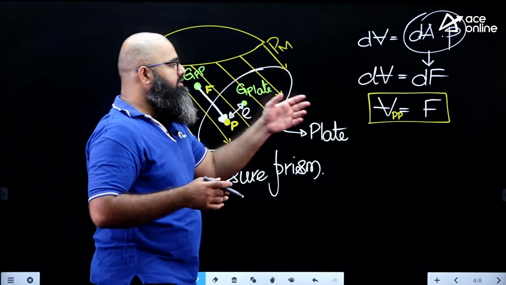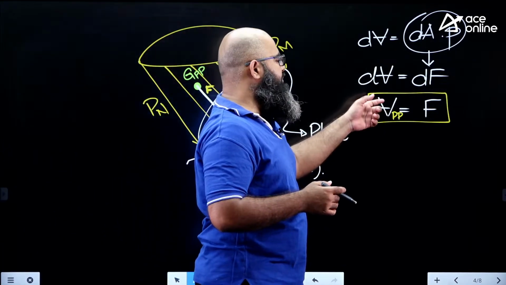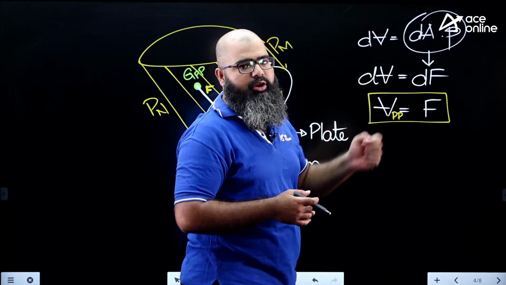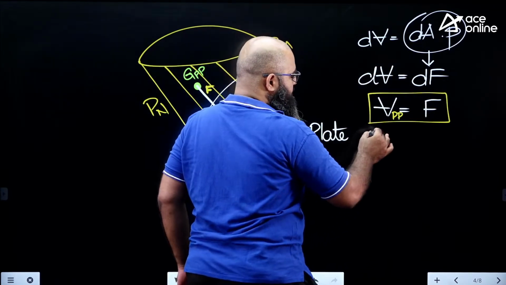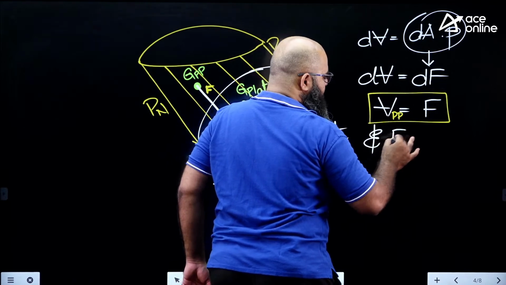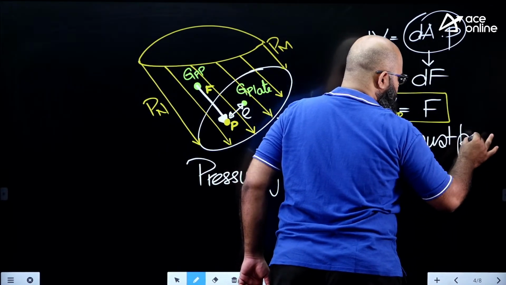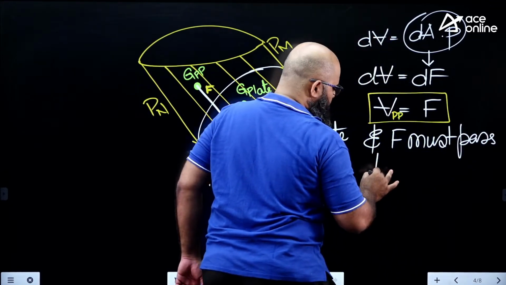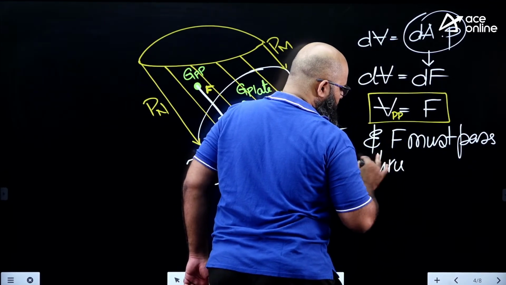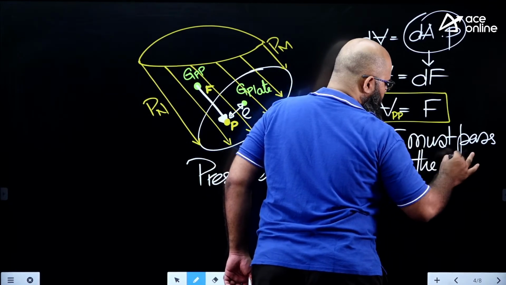So the two advantages of drawing this pressure prism are: if you measure the volume of pressure prism, that should give you hydrostatic force, and hydrostatic force must pass through the centroid of pressure prism.